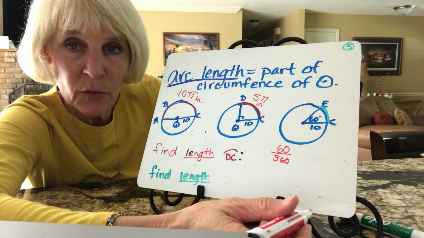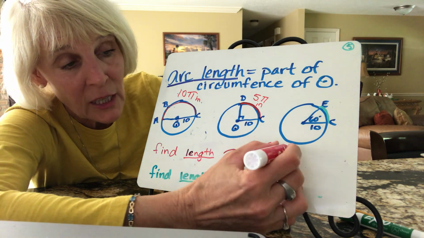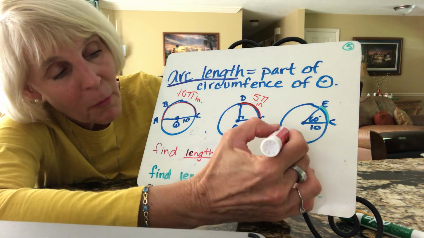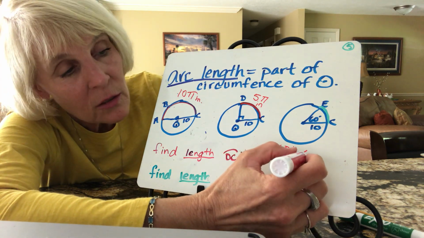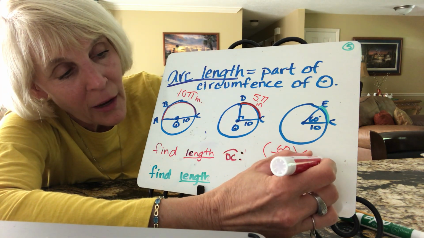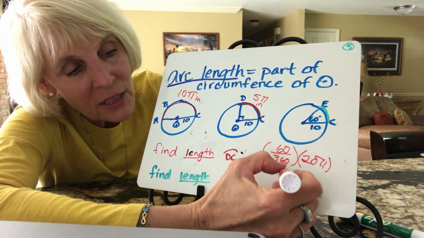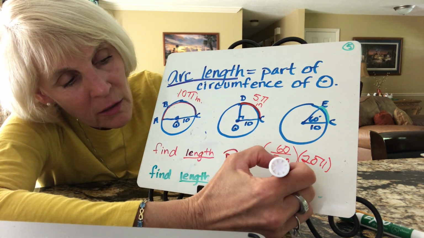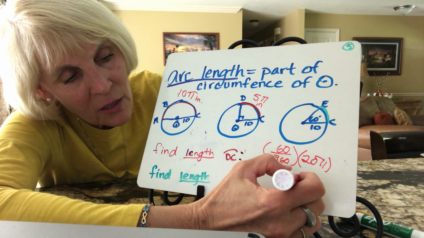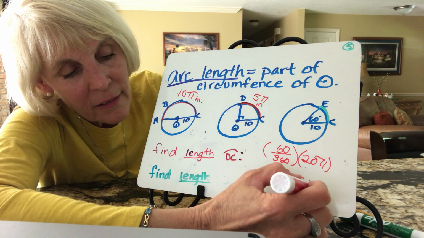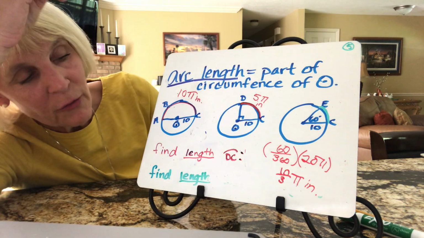In this case, 60 over 360, or 1/6 of my whole circumference, which again was 20 pi. So 1/6 of 20 pi would be 10/3 pi. Okay, so really not too difficult at all.